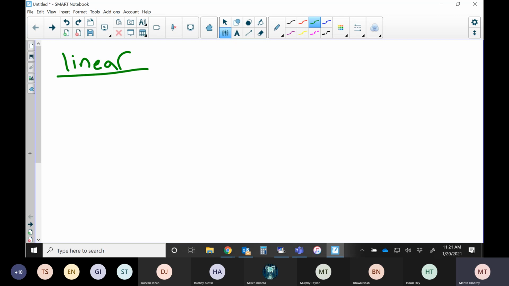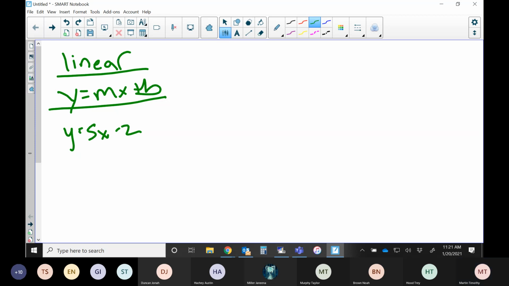You should also know what it looks like as a function, like y equals mx plus b. As soon as you see this, maybe y equals 5x minus 2, you should know that that's linear. If you see ax plus by equals c, known as standard form, you should know that that is linear.